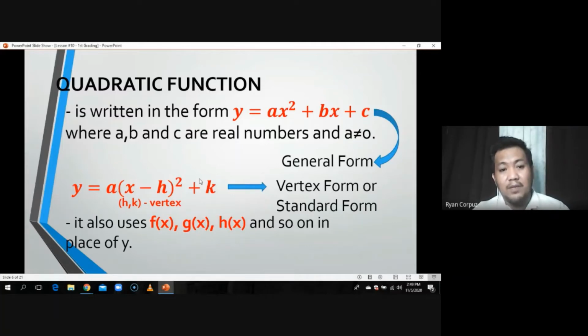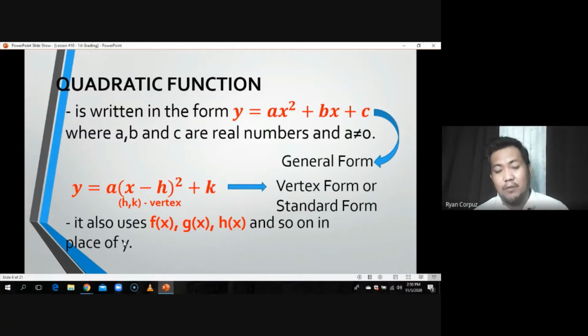Sometimes we see f of x, g of x, and h of x. But all of those are used in place of y. Still, at the back of our mind, we know that it is equal to y. That's also the same as y. But we're only using that for us to know that we are pertaining to different equations.